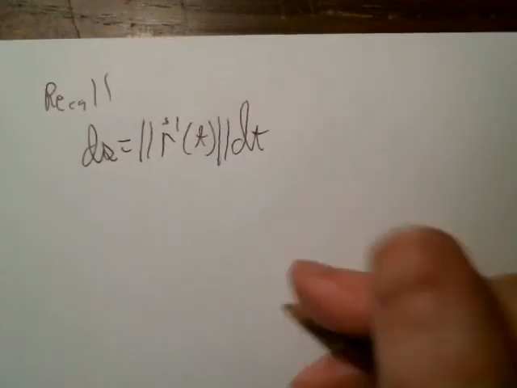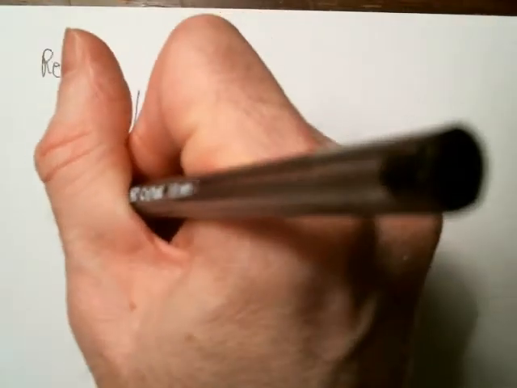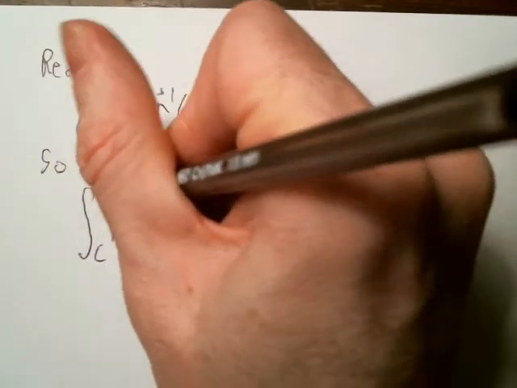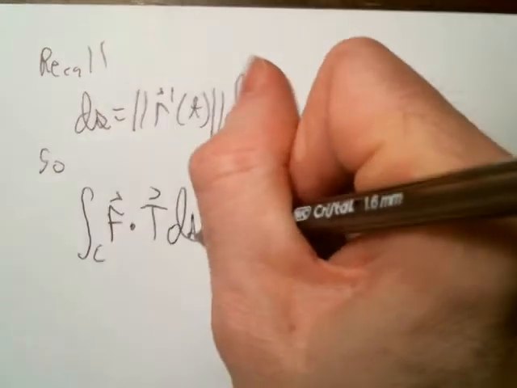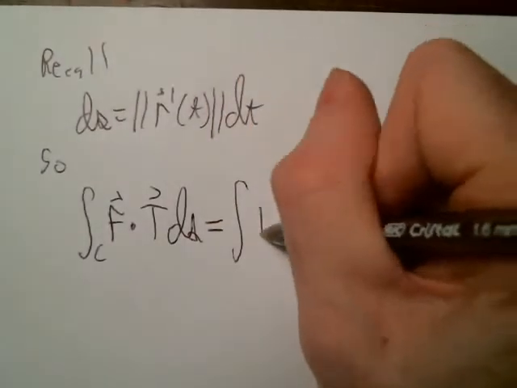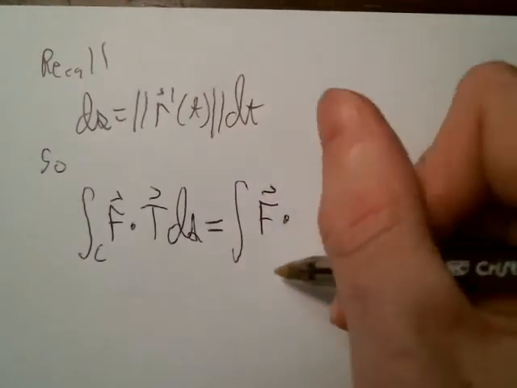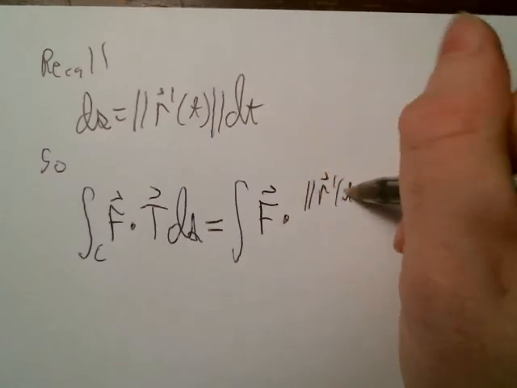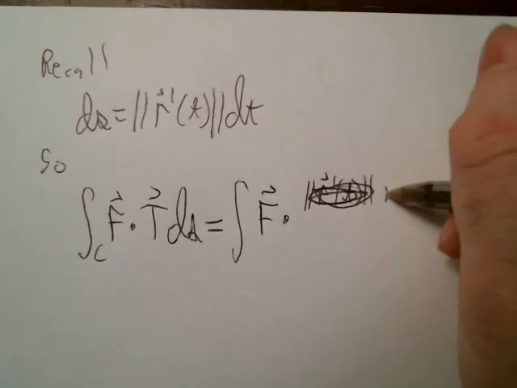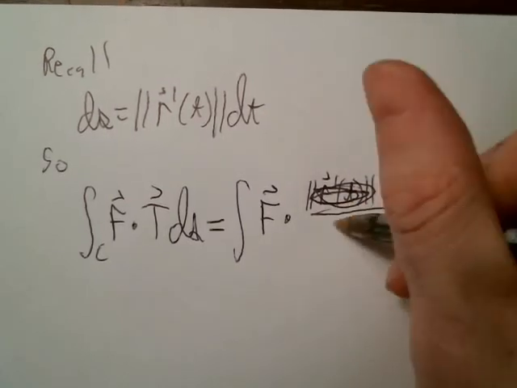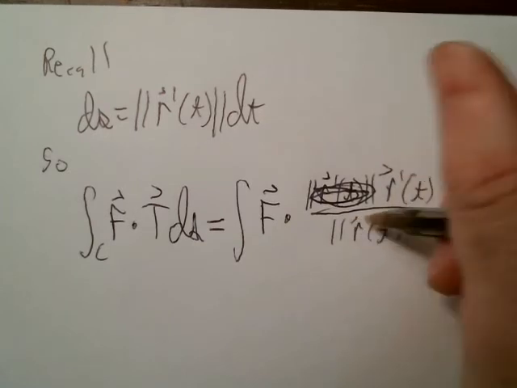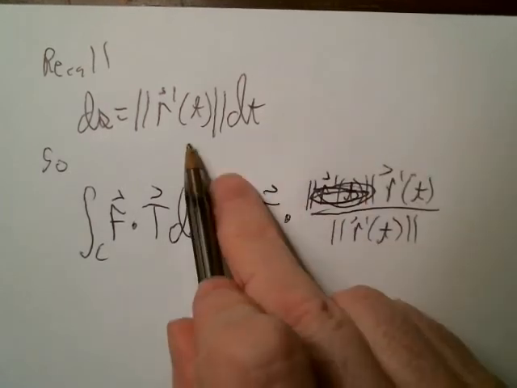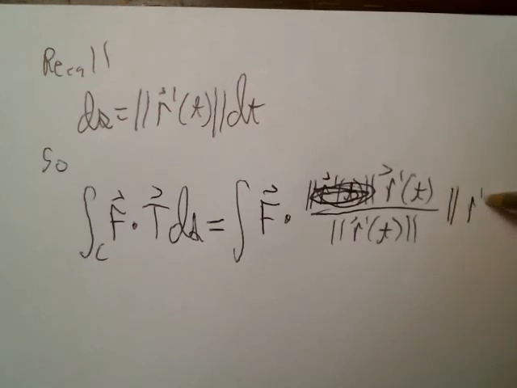So I can rewrite this new line integral, F dot T ds, as the line integral of F dotted with T. What is T? T is r prime of t all over the magnitude of r prime of t, times this thing, and hopefully you can appreciate that there's going to be a nice cancellation here.